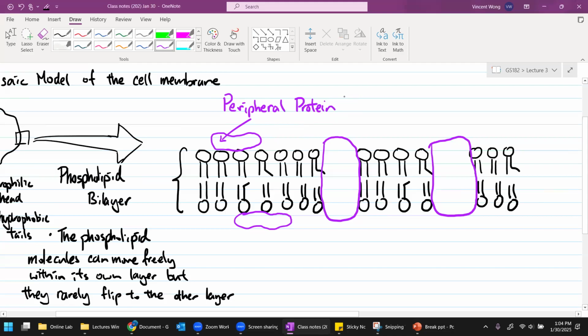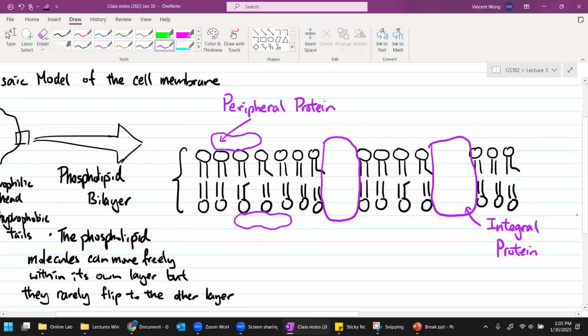The definition is in the PowerPoint slides, but you can write it if you want. Peripheral means either outside or inside. Whereas these ones that go all the way through are called integral proteins.